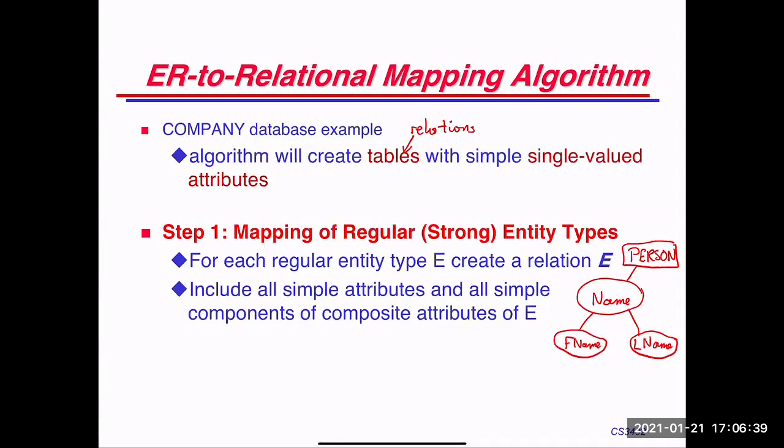Then what I'm going to include in my relation is the following. I'm going to create a relation called person, and I will include F name and L name, but not name itself.